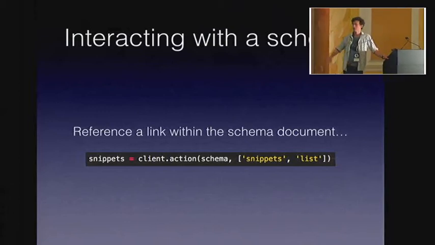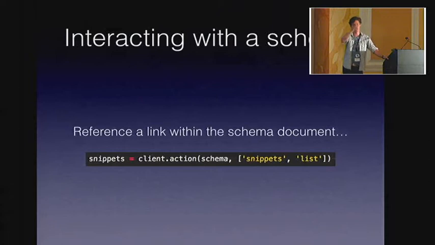This is the client.action method, which is the point of interaction for anything that you'll do with a document. The arguments that you have to pass to action are a list of keys that reference a link by a lookup somewhere within that document.